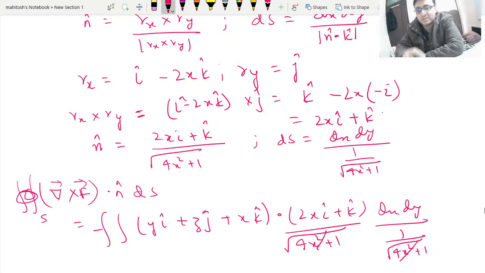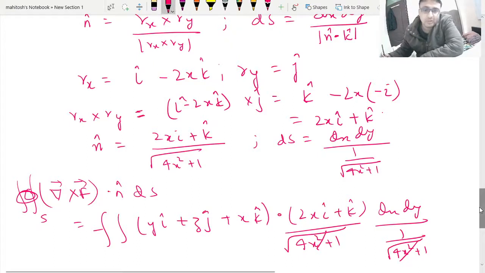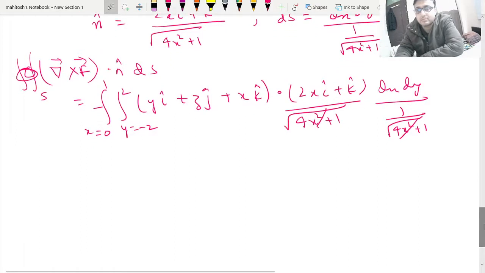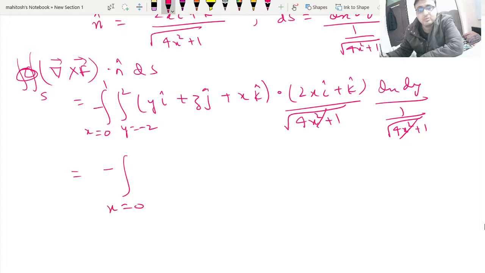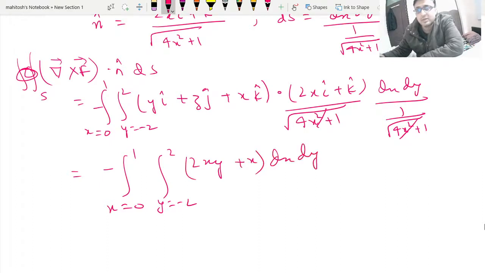This and this get cancelled. You can put the limits as well, x 0 to 1 and y is your minus 2 to 2. Now x is equal to 0 to 1, y is equal to minus 2 to 2. So this is your 2xy, okay, plus x dx dy.